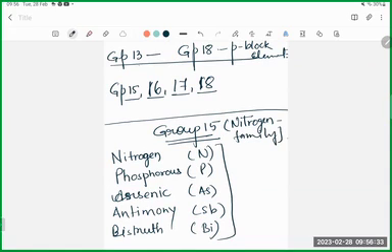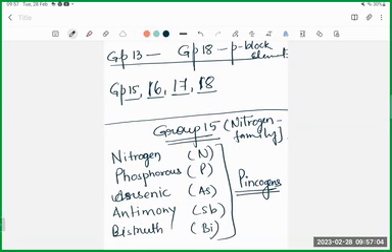Now, generally, group 15 is called by the name pnictogens. Most of the elements are mineral forming and salt forming, so we call them pnictogens by the common name.